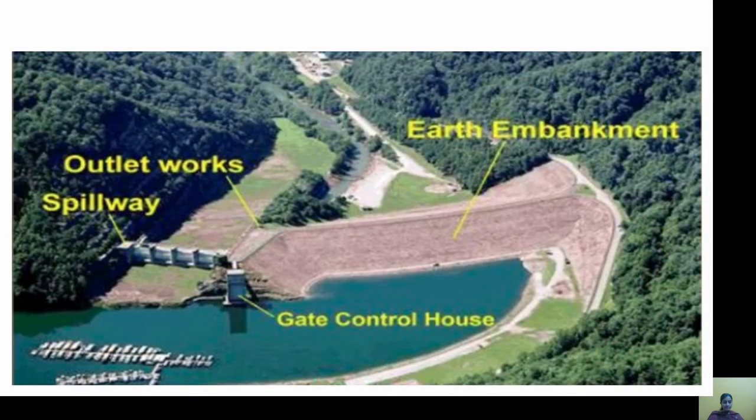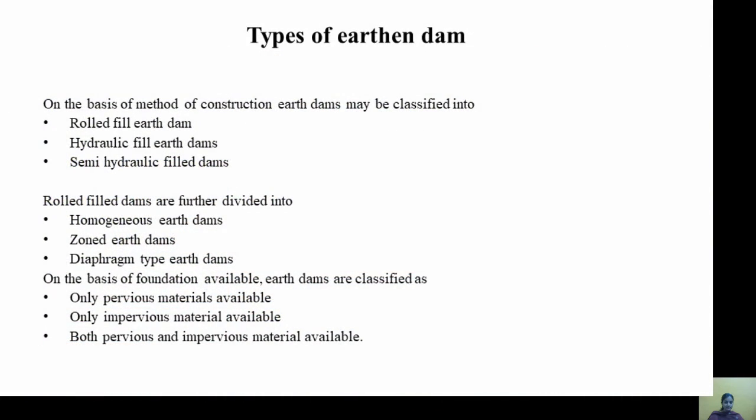So earthen dams are built with locally available material like pebbles, stones, clay, earthen materials. Coming to the types of earth dams, based on construction, earth dams are classified into roll-filled earth dams, hydraulic filled earth dams, and semi-hydraulic filled earth dams.